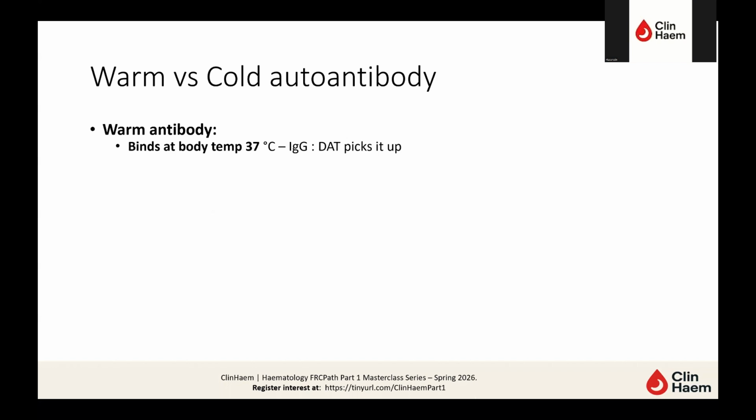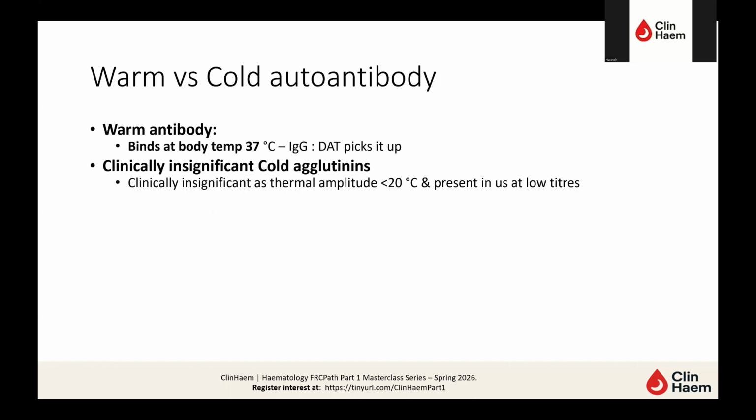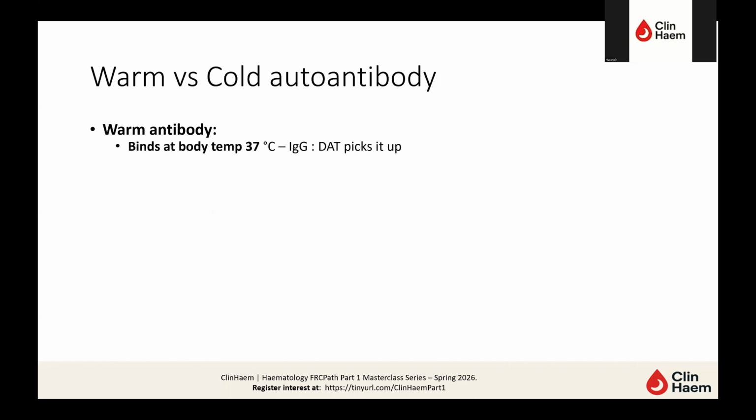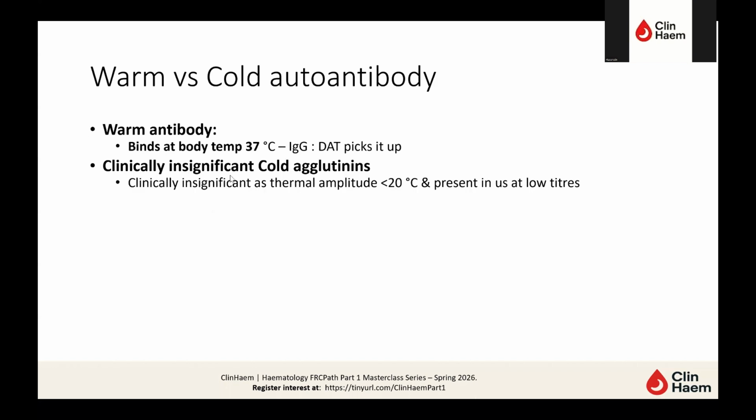So the hemolysis in warm autoimmune hemolysis would be quite brisk, quite severe. You will see hemoglobin dropping to the 50s in a matter of hours and days. But cold, on the other hand, would of course work at colder temperatures. Before I go to the pathogenic cold antibody, I just want to mention something called clinically insignificant cold agglutinins.